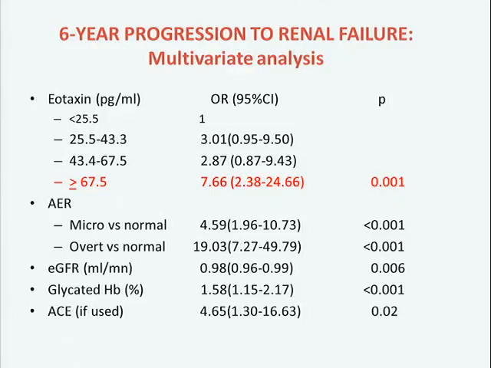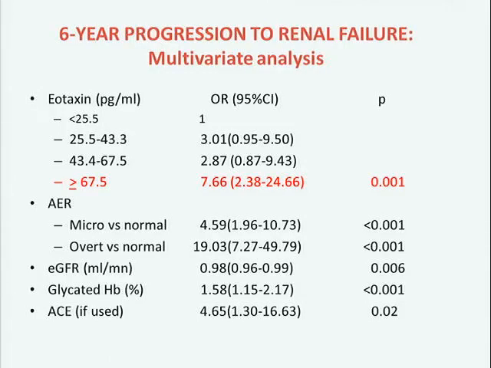And then the other interesting finding is that albumin excretion rate and glomerular filtration rate are also 2 independent factors for progression to renal failure, suggesting that both of them should really be evaluated if we want to predict who is going to develop renal failure in this particular group.